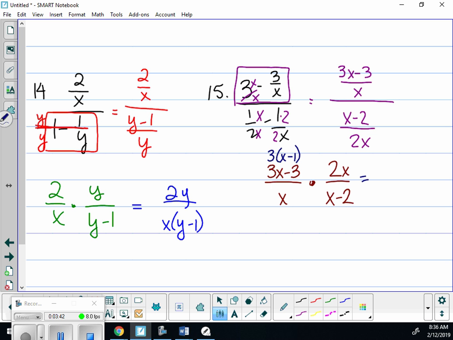So multiply across the top. I have a 3 times a 2x. So 6x, and then I have an x minus 1. And then I have an x and an x minus 2. Now, is there anything I can cancel?